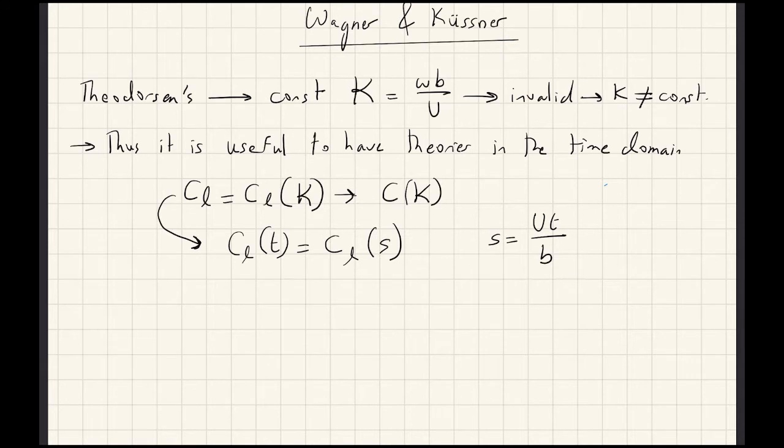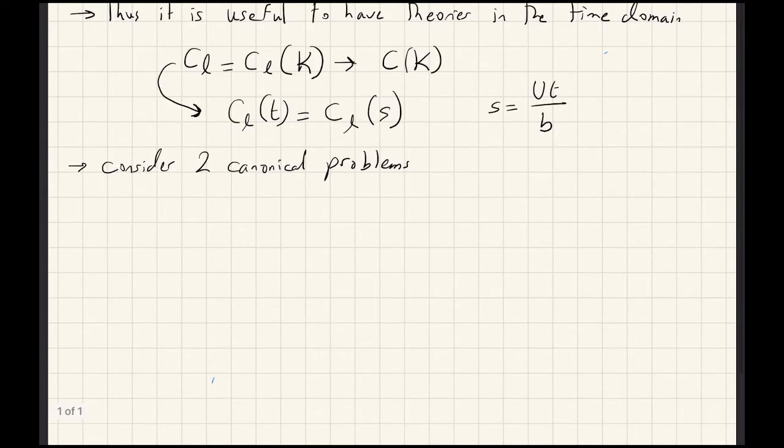So in this effort, we will look at two canonical problems. And the first problem, or the first model, is Wagner's unsteady model.